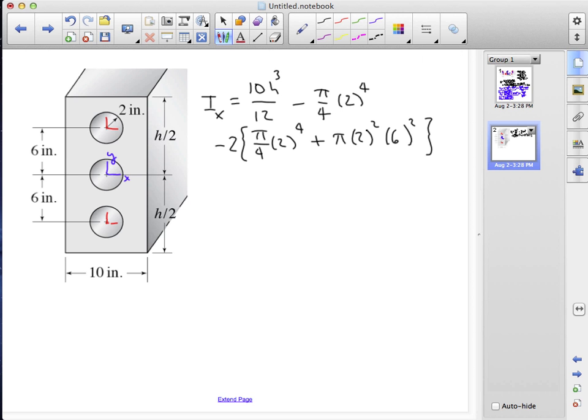For Iy, all of the y-axes are coincident with the y-axis for the whole cross-section, so we don't have any parallel axis contribution. We just have hb cubed over 12, and we're subtracting 3 equal area moments, which again are pi over 4 times the radius to the 4th.